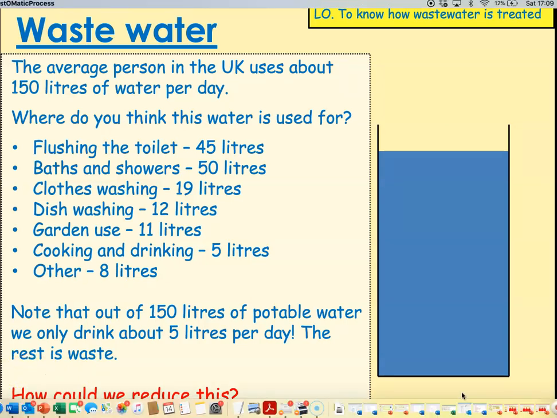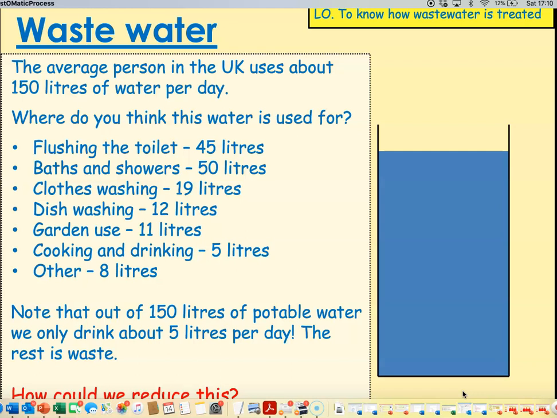Okay, some of the ideas that you might come up with are you can actually get things to put in your toilet system that reduces the amount of water you use per flush. You can use showers instead of baths. You could do full loads of washing, only use your dishwasher when you've got a full load to put on.